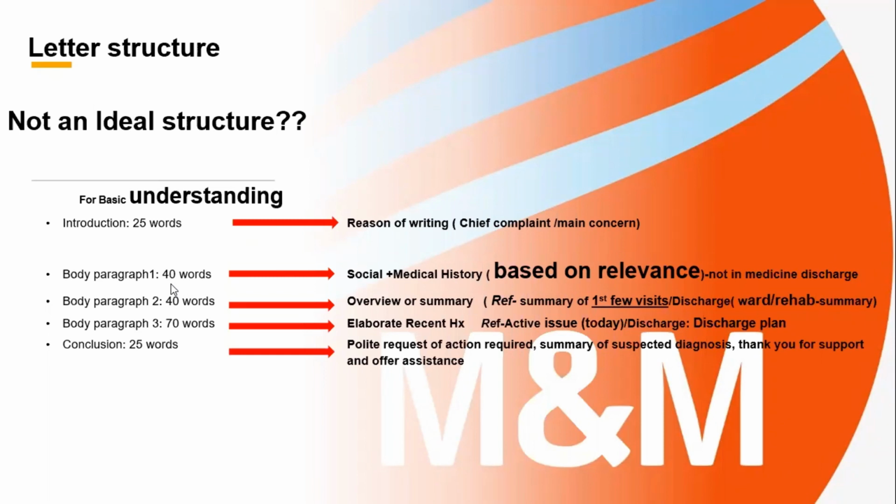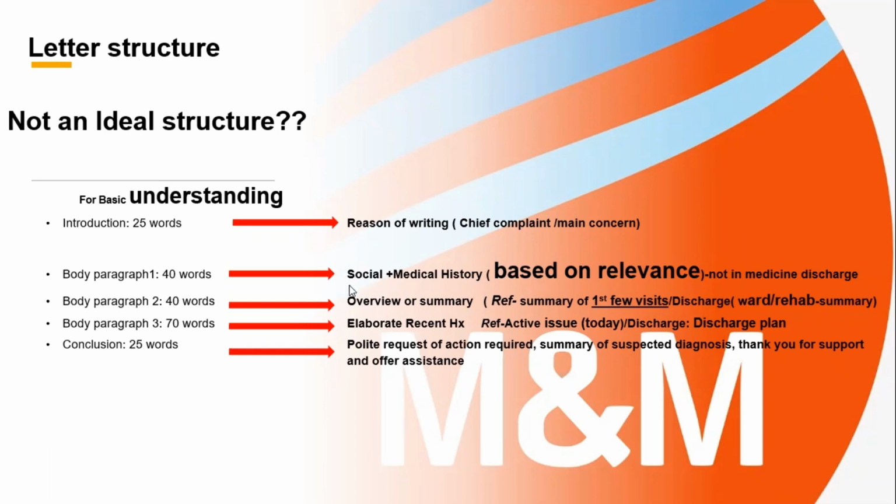Afterward, depending upon the letter, based on relevance, the second paragraph may be different. In the medicine discharge, we may have it, but in the nursing discharge, we have social plus past medical history, though it is less likely as a second paragraph after the introduction, right?